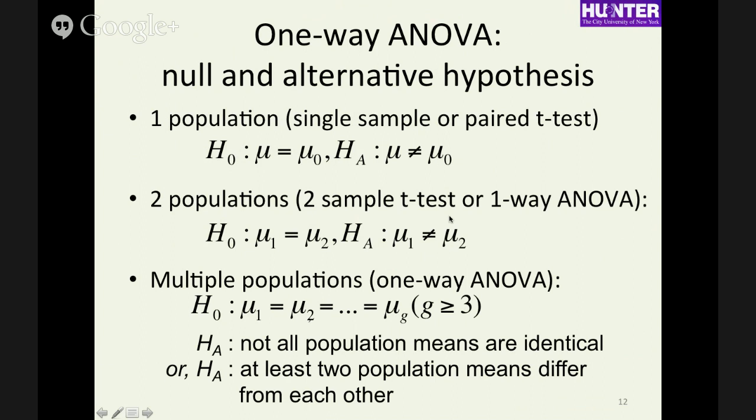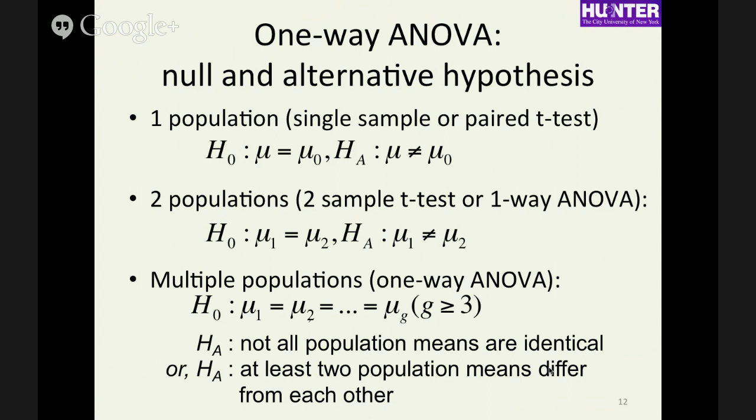And by the way, you could do that with the ANOVA. They are equivalent. So you'll get the same p-value whether you use a two-sample t-test or a one-way ANOVA in this case. But once we have multiple populations, so we have three or more means, we have to use ANOVA. And the null hypothesis is going to be that all of those means are identical, and the alternative hypothesis is that they are not identical.